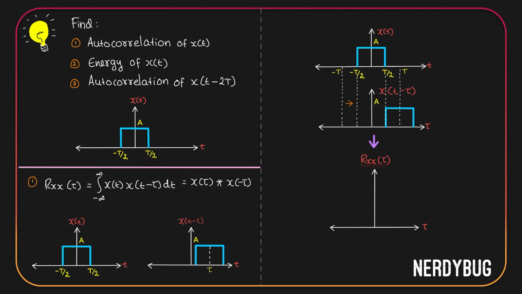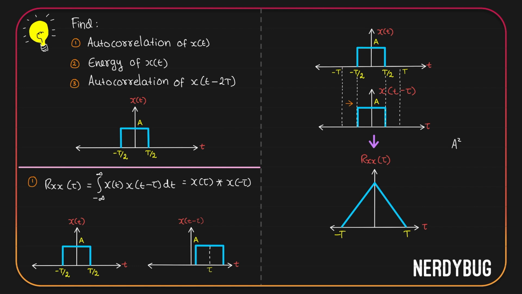So our x-axis of tau will look like this. It will be 0 till minus t, start increasing up to 0 where we get the maximum value, and then decreases until t, after which it gets 0. Now what is the maximum value? We get maximum value when this is at the 0 like this. The product will be a multiplied by a, that is a square, but after taking product we have to integrate also.